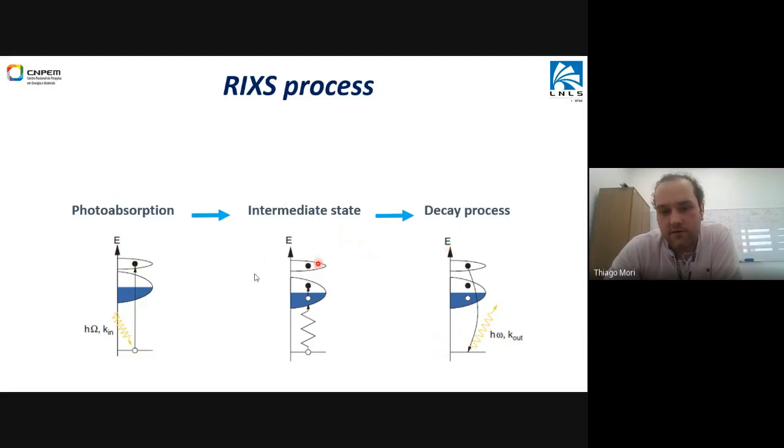Well, after the photoabsorption, the atom must get back to the ground state. So another electron must fill the core hole. But in the RIXS, we consider this intermediate state, which has a core hole. And this core hole has a very high electrostatic potential that shakes up the electronic structure of the atom. And this core hole, this potential, can interact and excite collective excitations of the material, such as magnons, phonons, and this kind of stuff.